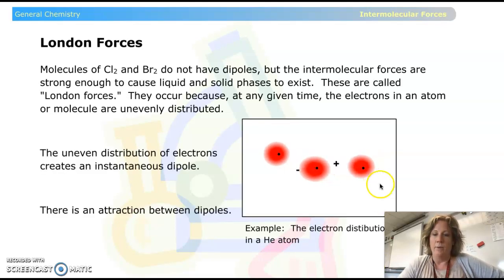So then temporarily they're going to be attracted to other nearby atoms. This is representing helium atoms that are intermolecularly attracted to other helium atoms. So this is like dipole-dipole, but the positive and negative ends are temporary.